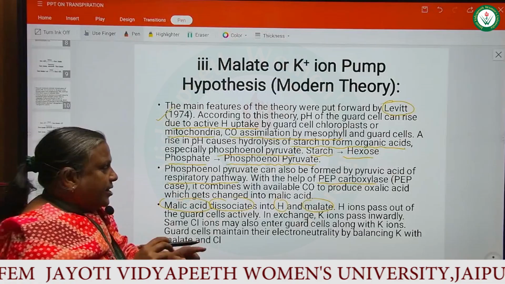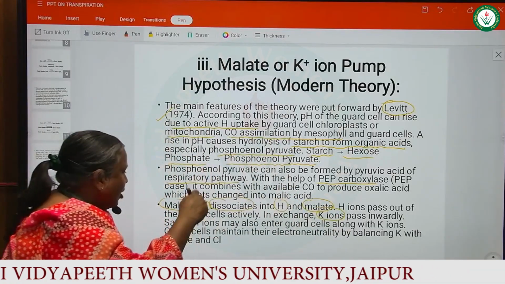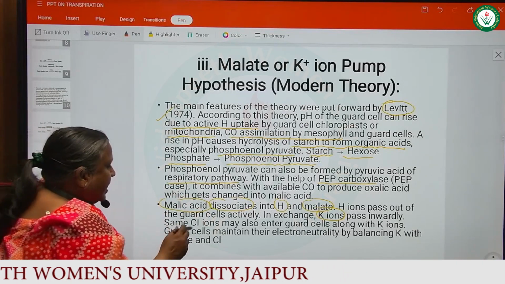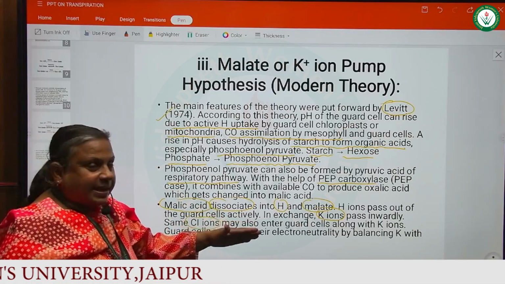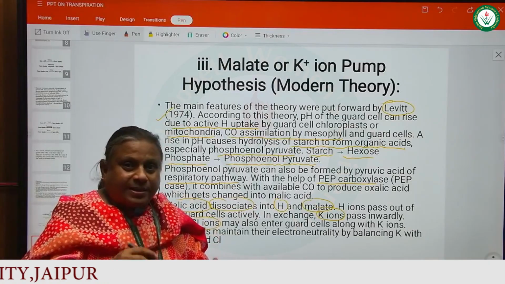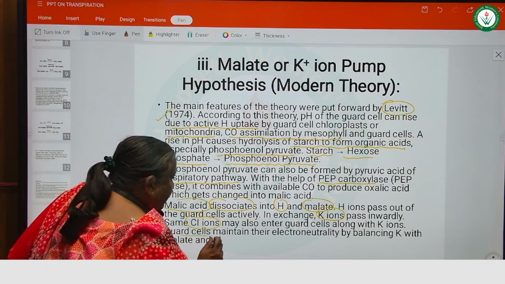In exchange, potassium ions pass inwardly, and similarly the chloride ions may also enter the guard cells along with the potassium ions.